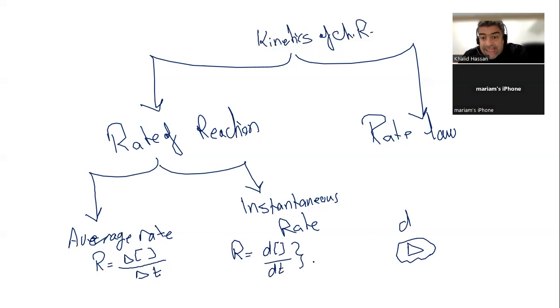But for d, it's also a difference, but it's instantaneous. It's a very, very, very infinitesimal change in time, a change that is not noticeable. We use it in thermodynamics. So they are the same, but if you see that, you mean it is at this moment. So now we know the average rate and instantaneous rate.